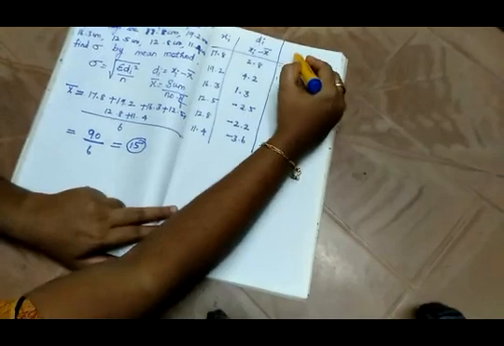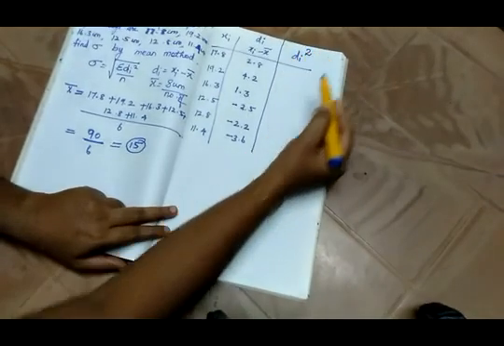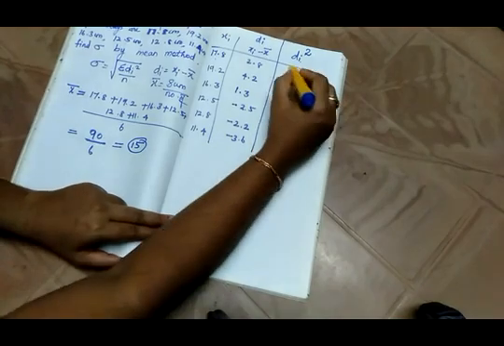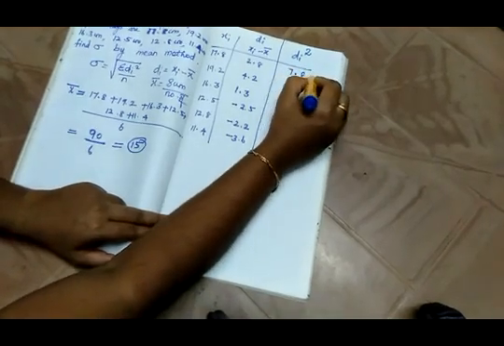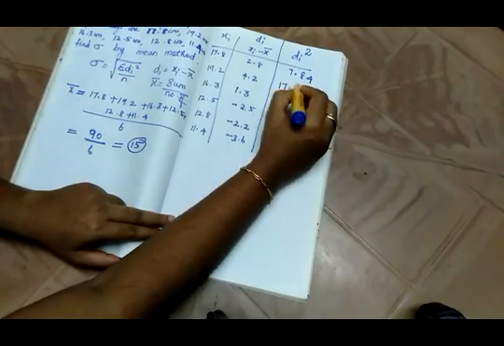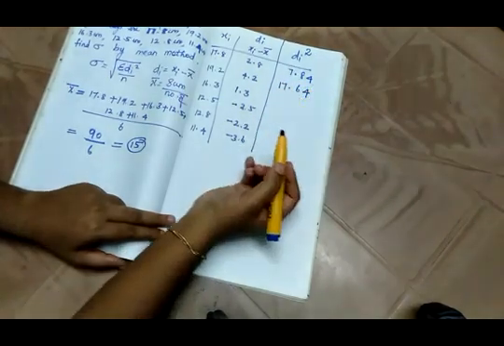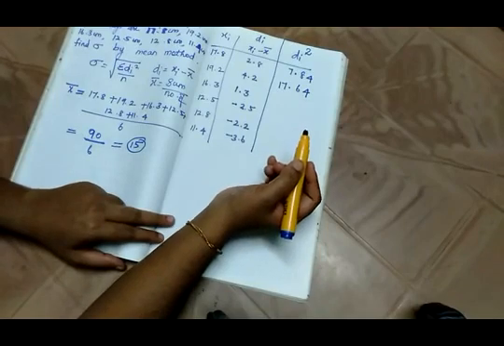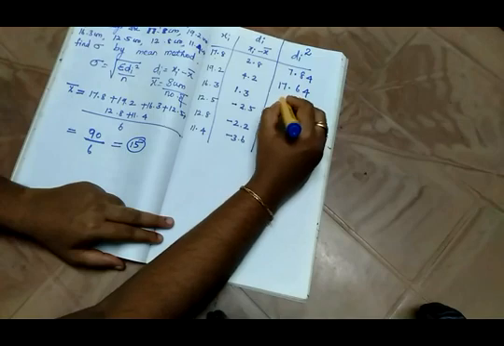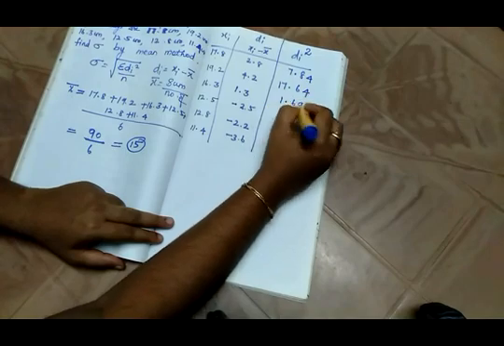Now we need di square. So square it. So 2.8 the whole square means 7.84. Then 4.2 means 17.64. Square it. Okay, your ordinary method is to square it. Now 1.3 means 1.69.